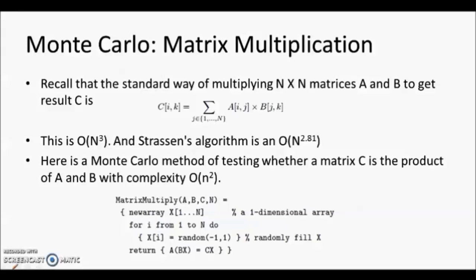It returns true whenever the product A times B equals C. We can show that it returns false with probability at least 1/2 when the product of A and B is not equal to C. Again, multiple runs of this algorithm will therefore increase the reliability of the result.